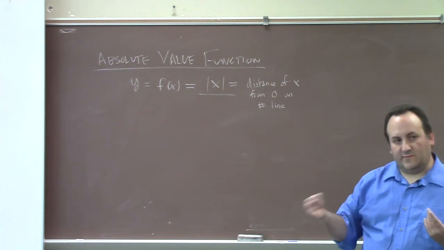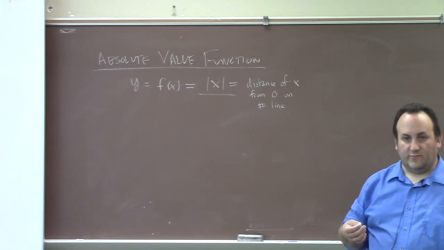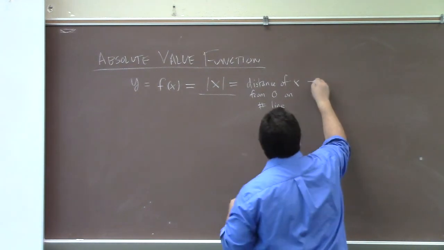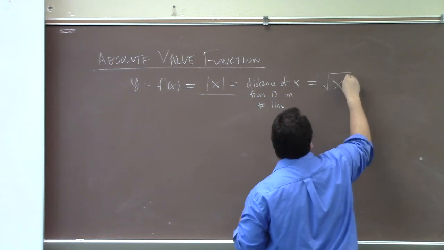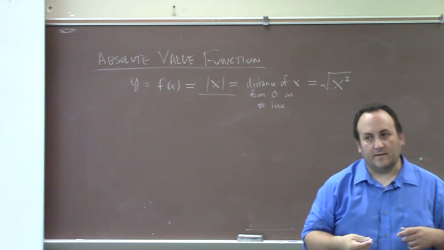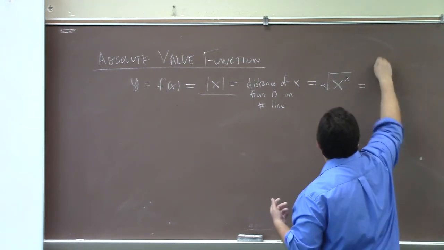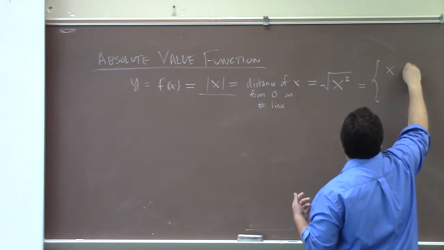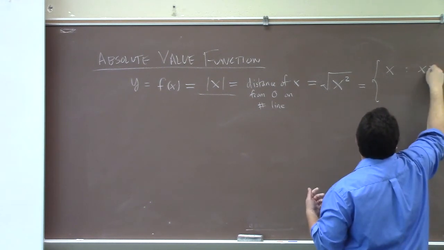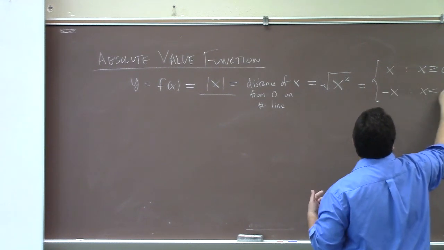But I know two other ways to define it. One other way I know is it's the square root of x squared. That's like a stone cold formula for it. But what people usually write is it's x if x is greater than or equal to 0, and it's minus x if x is less than 0.